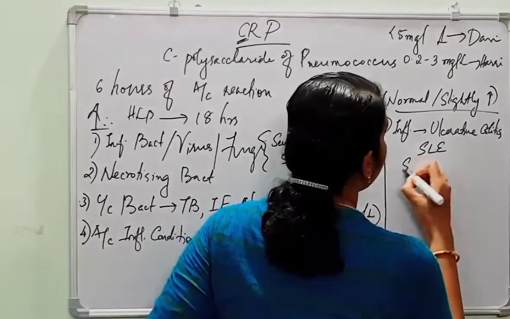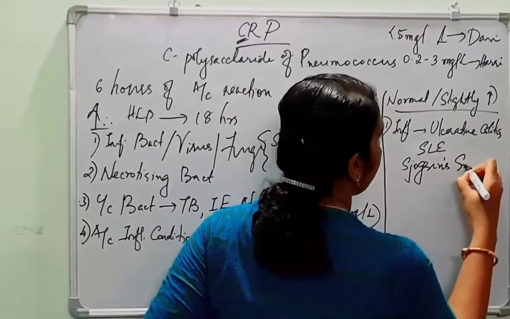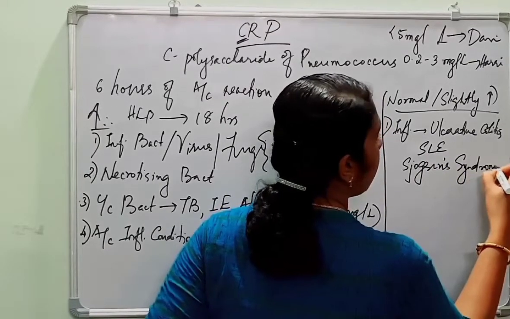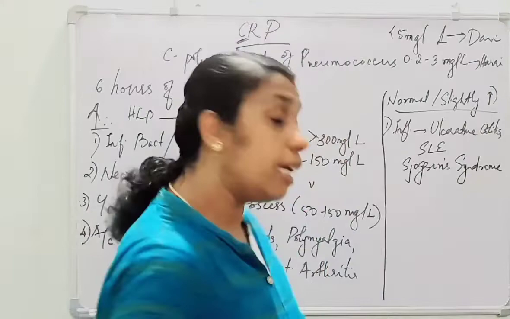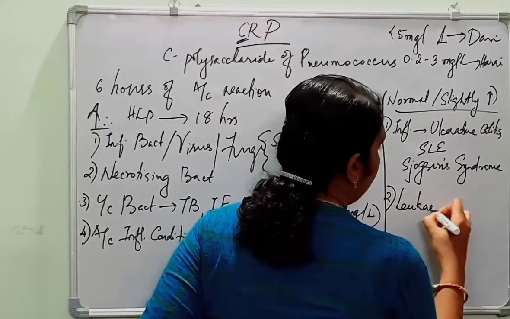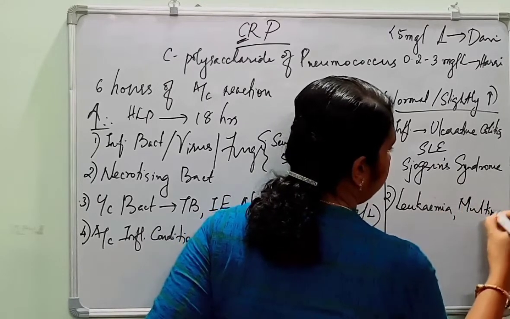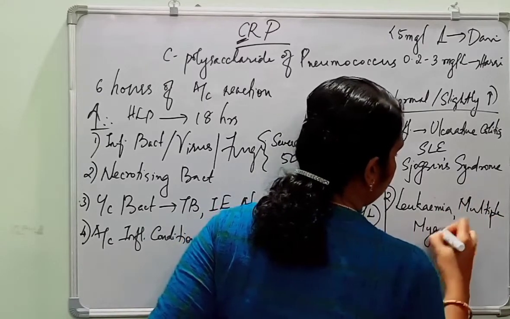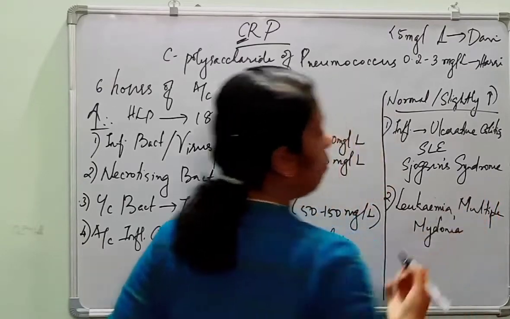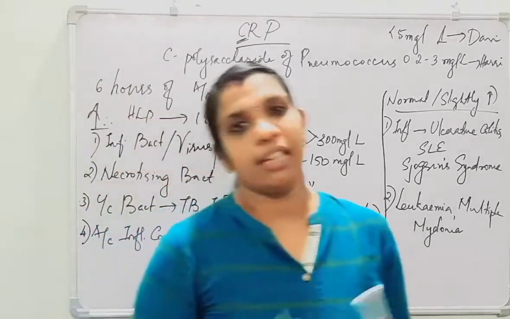Then in case of Sjogren's syndrome also, it will be normal or slightly increased. In systemic conditions such as leukemia and multiple myeloma, also it is normal or slightly increased.